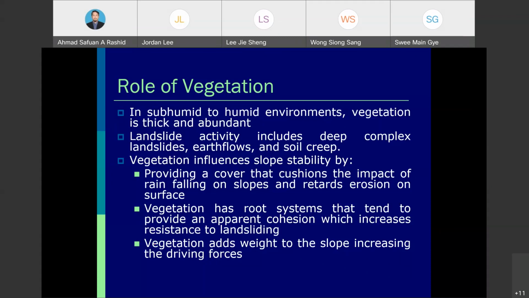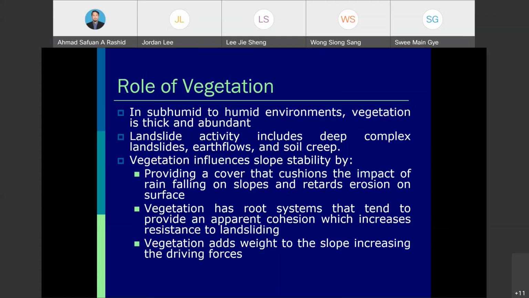Okay, so there was a study made in UTM to identify the advantage of having a huge tree on the slope surface, whether it is proper to have it at the toe or on the top.